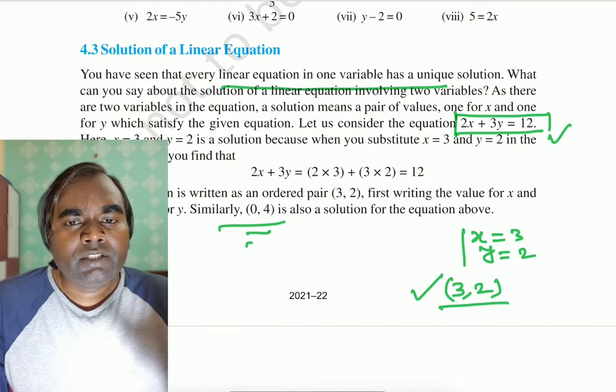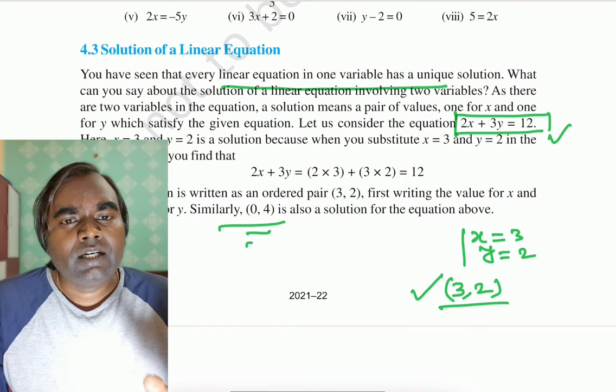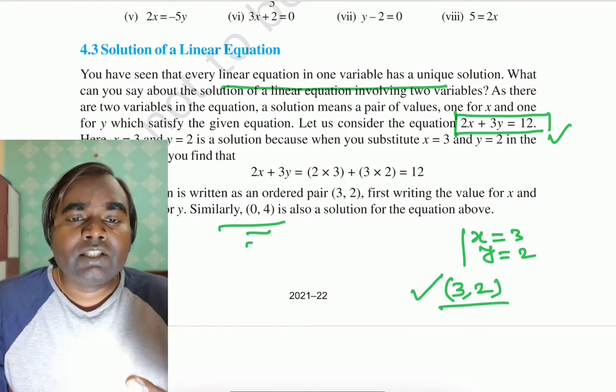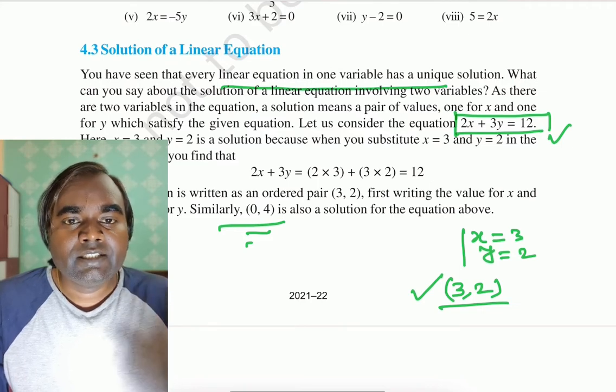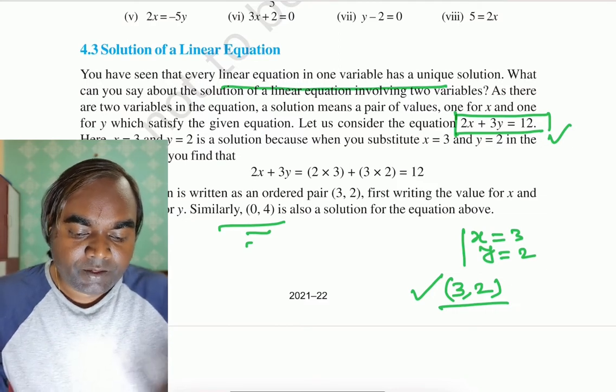That means a simple way of getting solutions is to substitute x is equal to 0 and y is equal to 0 one by one, and you will instantly get at least two solutions of the linear equation in two variables.